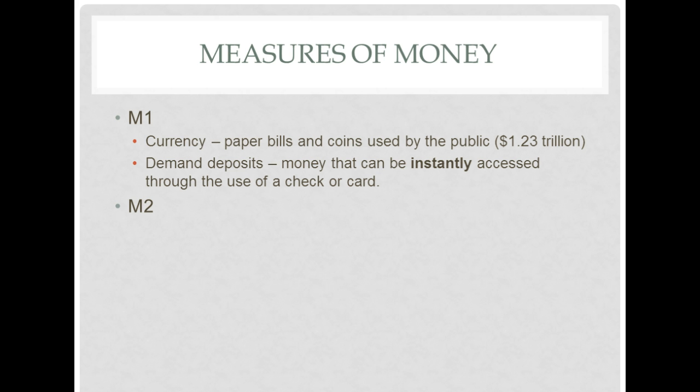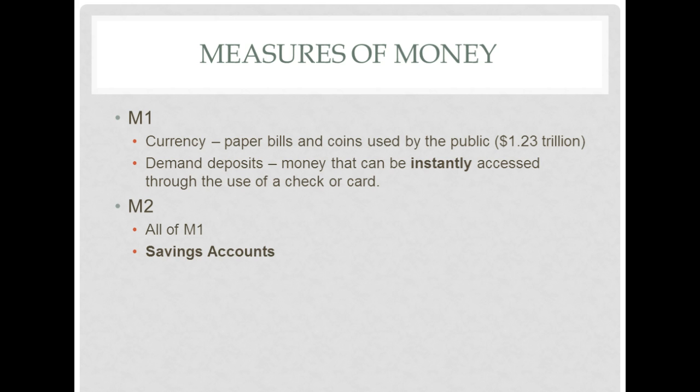The second category of money that we use is called M2. Now, M2 first includes all of M1. That's not all that important, but just so you know, it includes all of M1 technically. It also includes, and this is probably the most important one, which is why I highlighted it, savings accounts. Savings accounts are not included in M1 because though they are relatively easy to access, all you really have to do is go to the bank with your savings account book, you can't use it instantly.